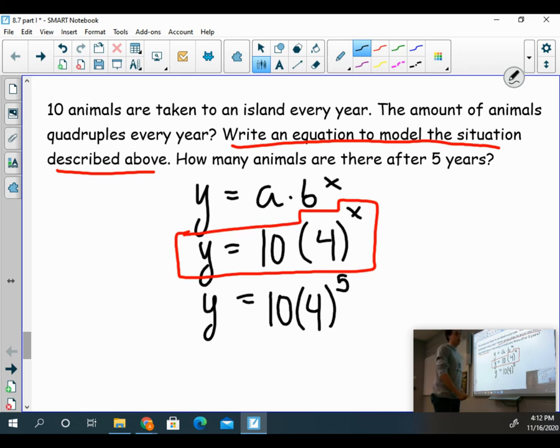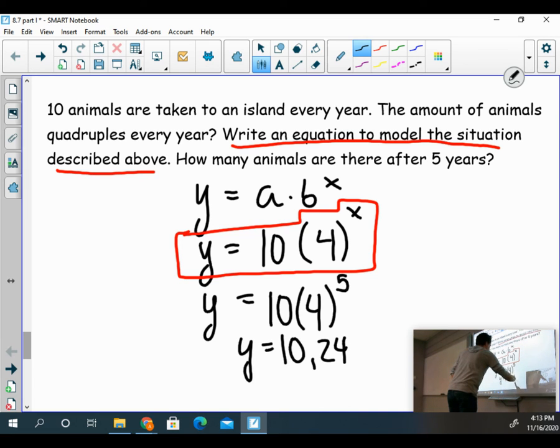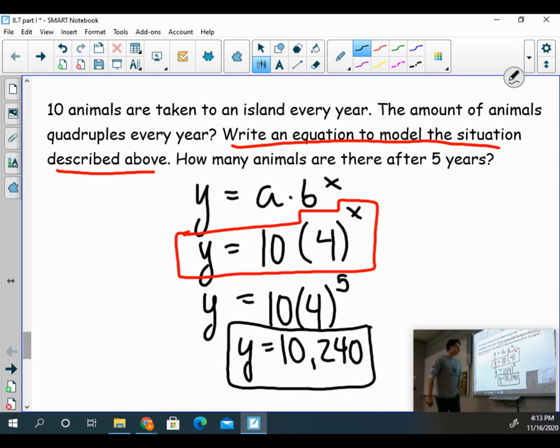And there isn't anything special like a half year or quarter year. So we solve this. We do 4 to the 5th power times 10, and we end up with 10,240. If the number of animals quadruples every year, we start with 10. After 5 years, we will have 10,240.